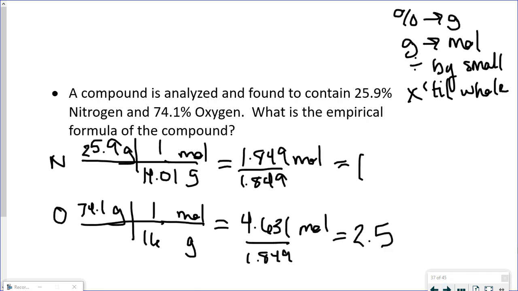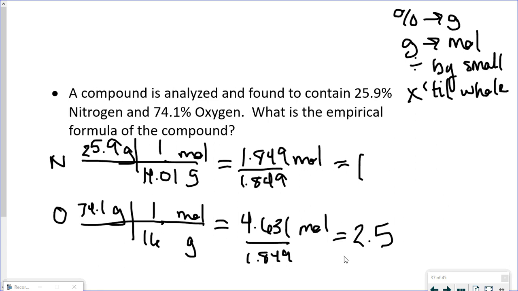And then our last step, multiply till whole. These numbers are going to be our subscripts in our formula, and we cannot have a decimal number as a subscript. So if these are already whole numbers, you don't have to do this last step. But in this case, 2.5 is not a whole number. So we need to figure out what to multiply everything by so that 2.5 can be a whole number.